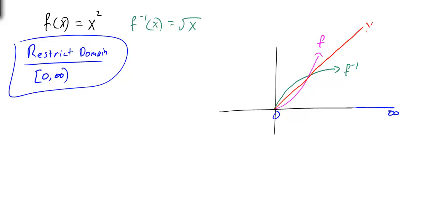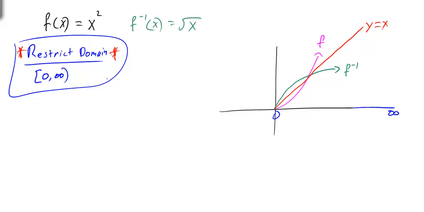Remember, there's going to be a reflection of the function and its inverse about the line y equals x. So maybe at first you're not able to have an inverse function, but in some cases, if you restrict the domain, you can force the function to have an inverse function. And later on, if you go on to take pre-calculus 2, this is going to be very important with some of your trig functions.